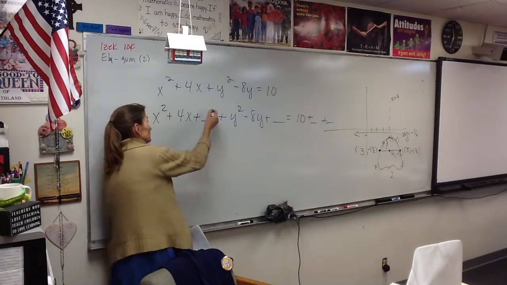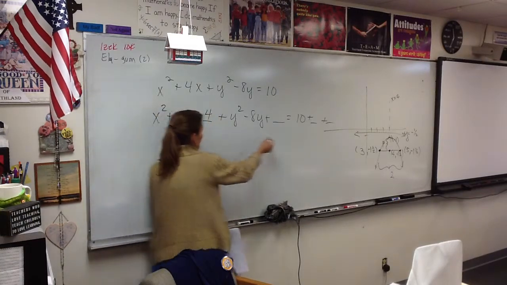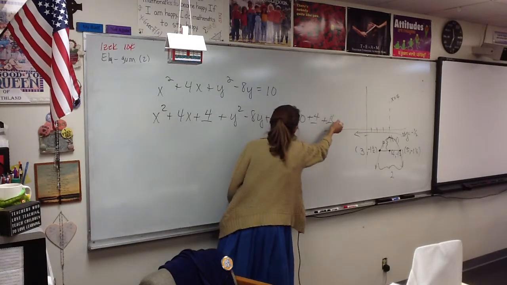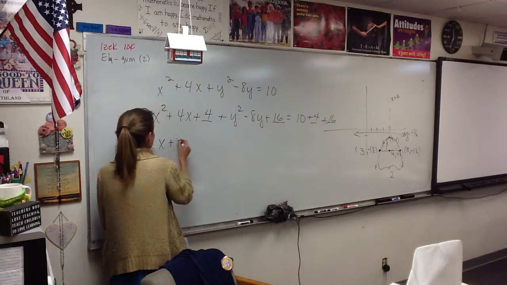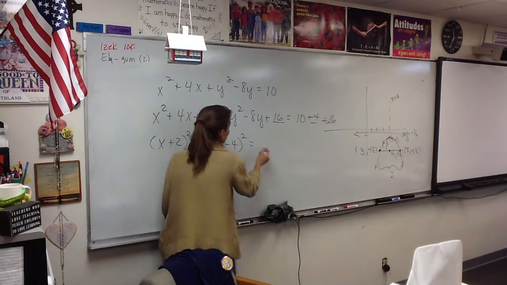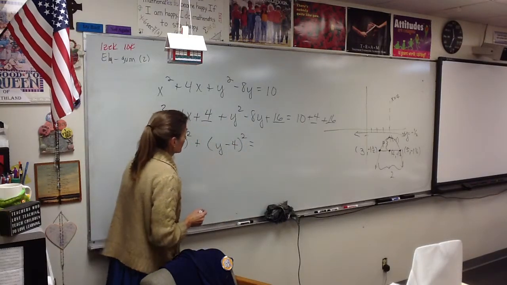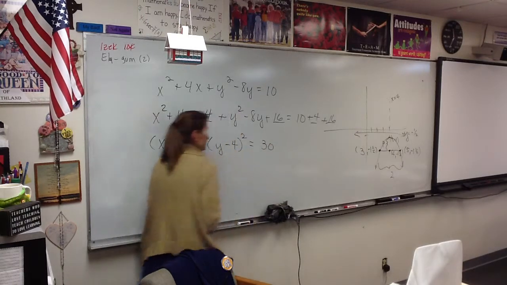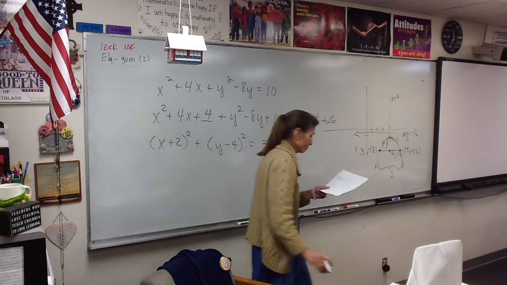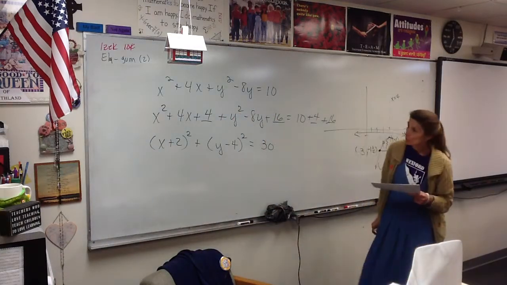Here we go. 4, 16, x plus 2 squared, y minus 4 squared equals 30. What's my center? Negative 2, 4.